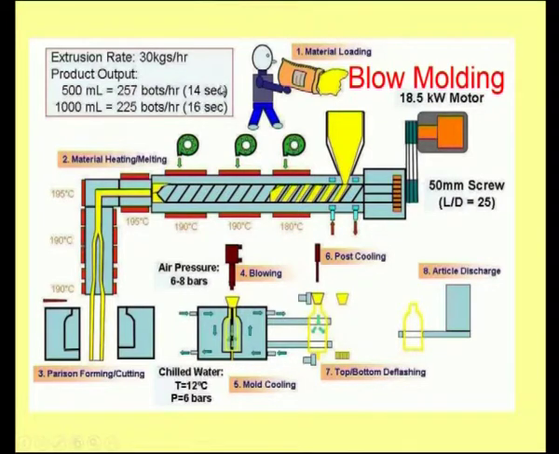That means it almost takes 14 seconds for a bottle, and for a 1000 ml bottle, one can prepare 225 bottles per hour, that means 16 seconds. That shows the economical viability of this blow molding process. That is why the PET bottles we use nowadays are available at a very affordable cost.